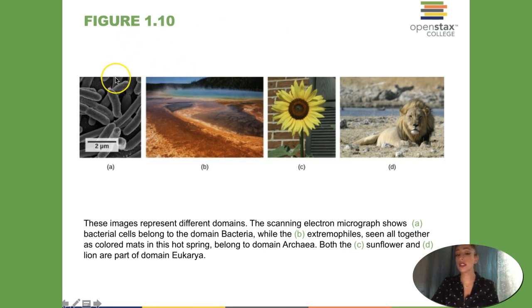They are prokaryotes, and by the way, pro means before nucleus, before enclosed nuclei were developed. And eukaryotes means after the nuclei were developed. That's what we are. They're more complex organisms. That's why the sunflower and the lion are actually eukaryotes.